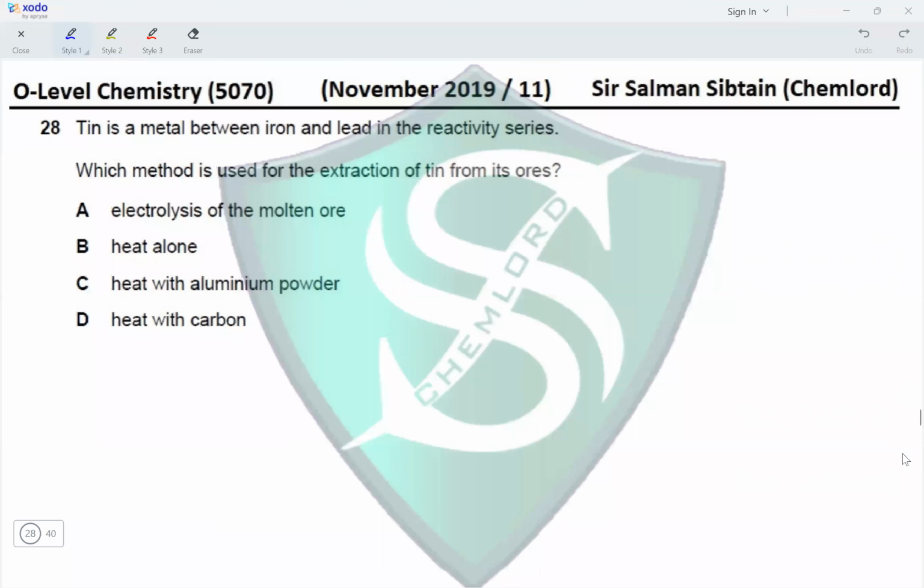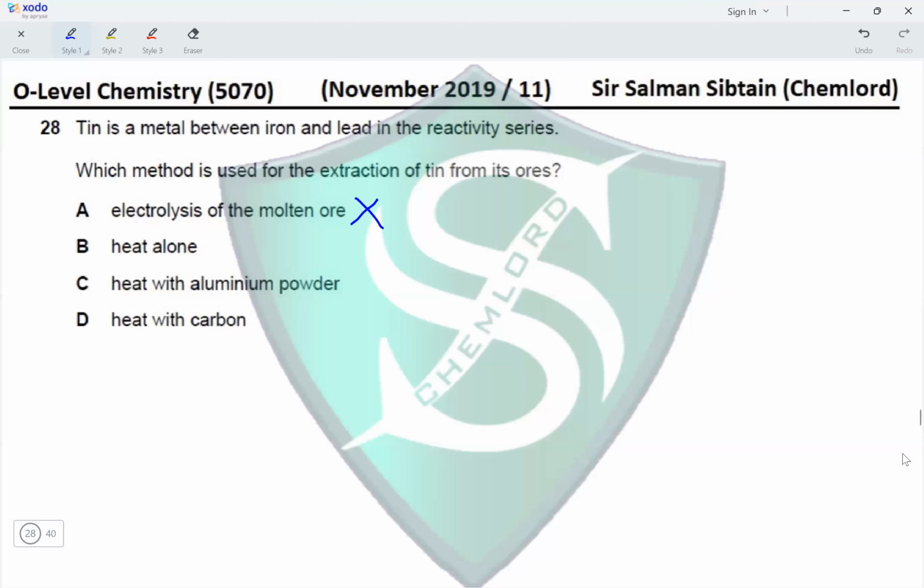Question 28. Tin is a metal between iron and lead in the reactivity series. Okay. Which method is used for the extraction of tin from its ores? So since it is less reactive than iron, it can be heated with coke or carbon to extract it, and carbon is converted to carbon dioxide. So electrolysis of molten ore, it is supposed to be for metals more reactive than iron.